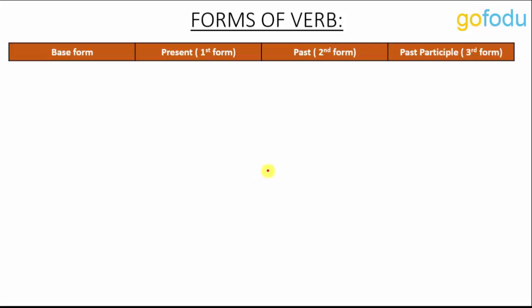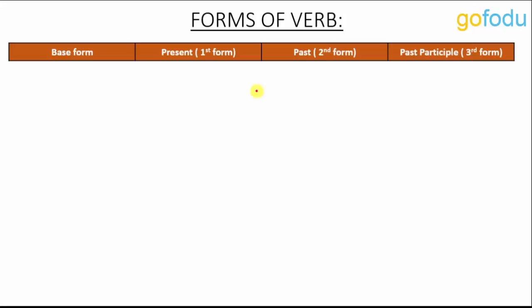Now, let's see the forms of verb that we were talking about. Whenever we are discussing some verb, it can be used in various cases. For example, there is an action that is happening right now, then a verb is used. That's the present form, the first form.